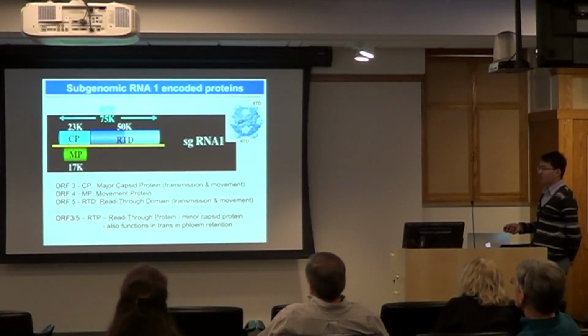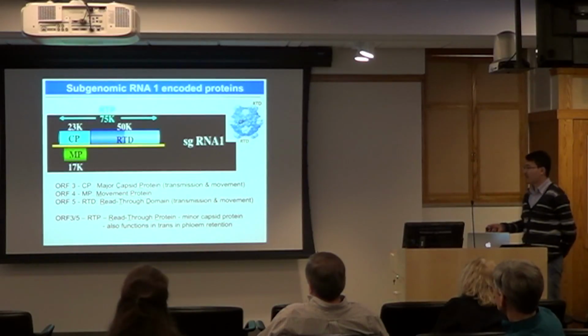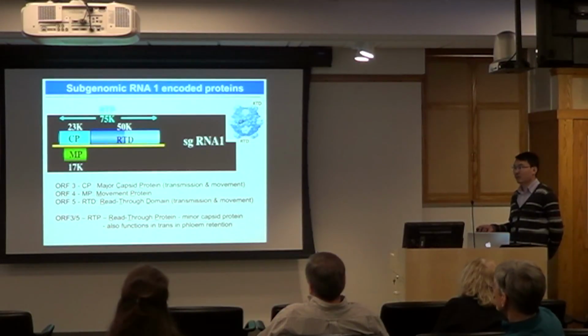This protein has been reported to take part in viral transmission and movement. ORF4 encodes the movement protein, which is related to virus movement, cell-to-cell movement, and systemic movement in the plant host.